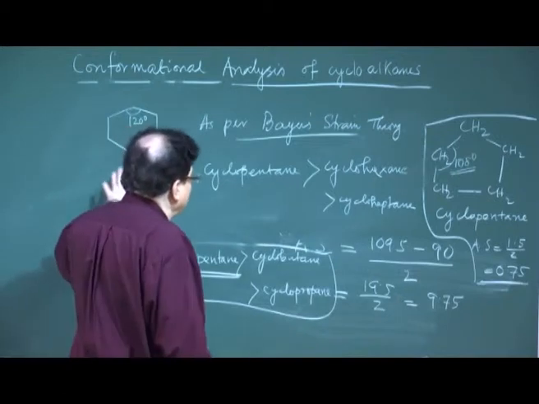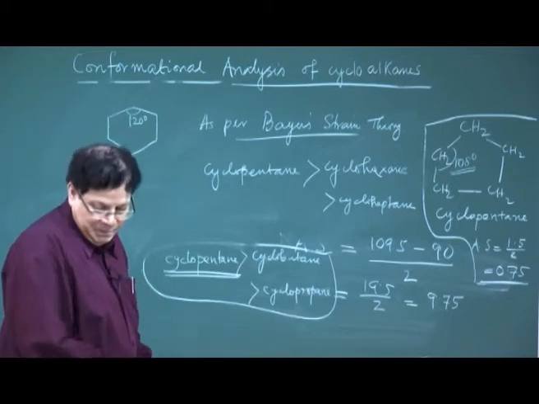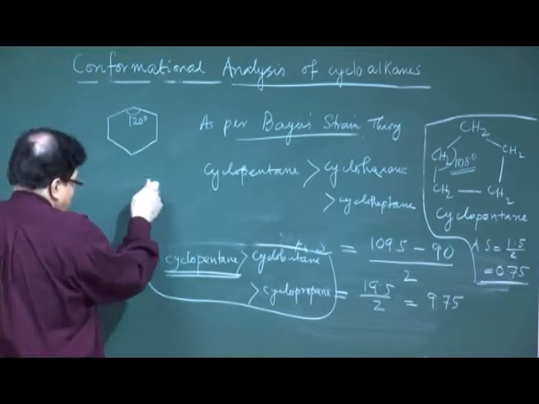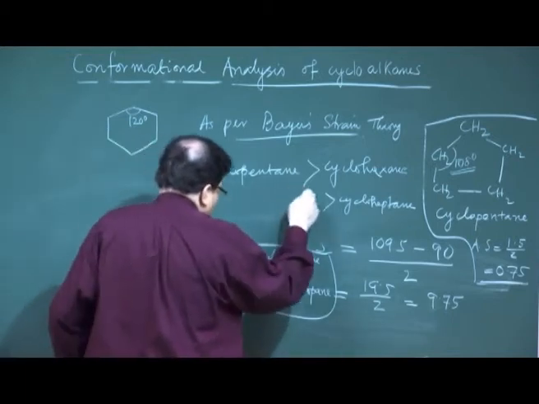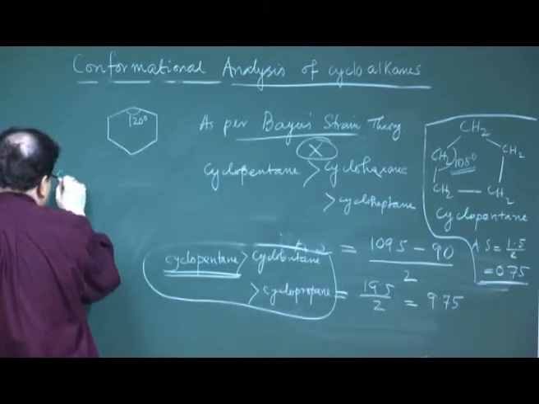ultimately it was found that amongst all the cyclic systems, the most stable system is cyclohexane. So, the actual is, this is wrong, what is correct is the reverse.